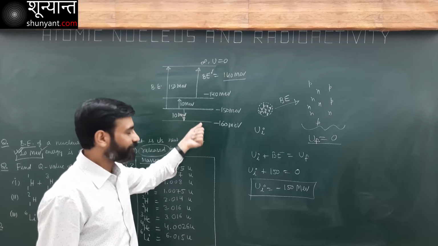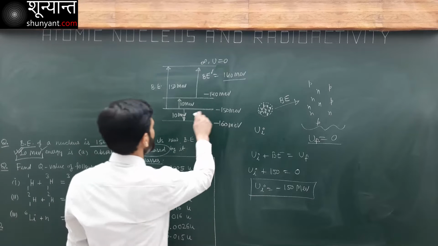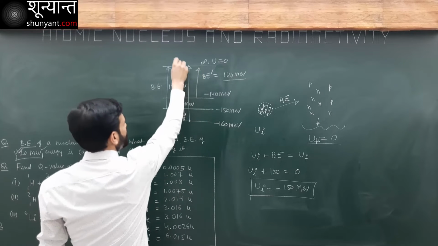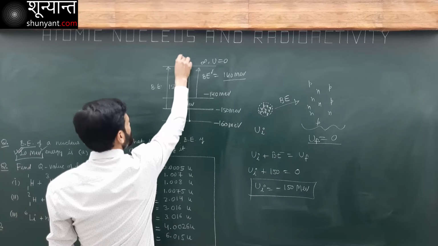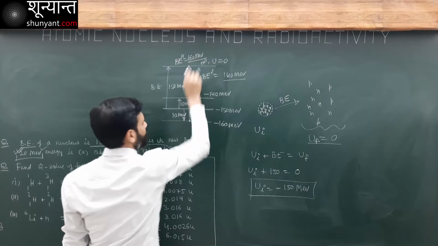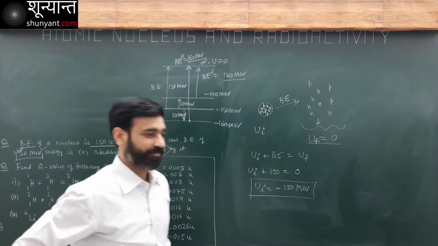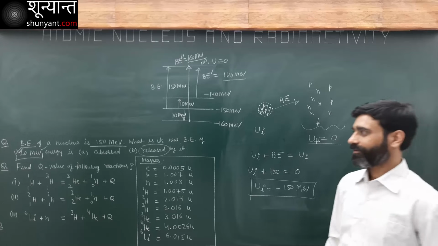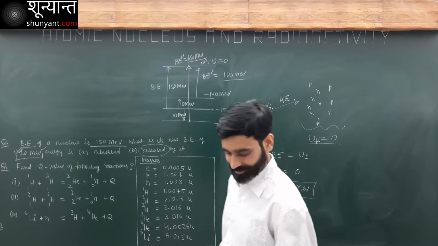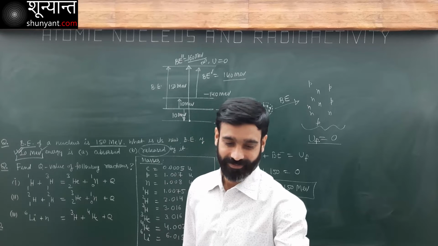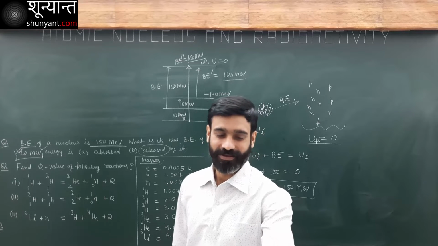If I want to break it, I will have to provide this much energy, from here to here. This becomes the new binding energy, which is 160 mega electron volt. Okay, that's how we solve it.